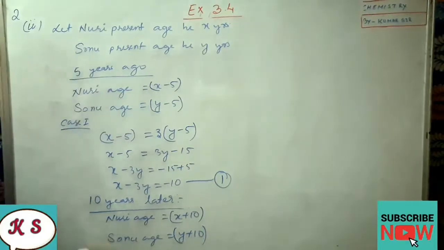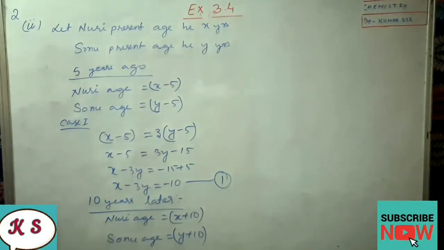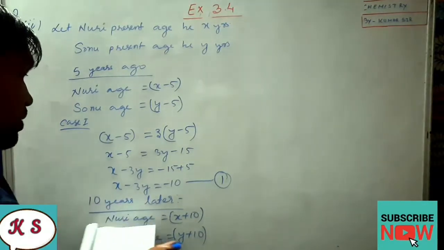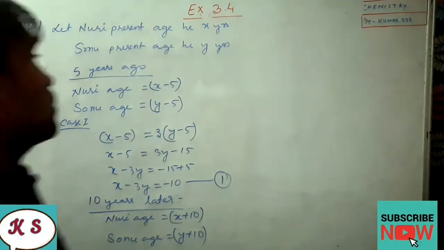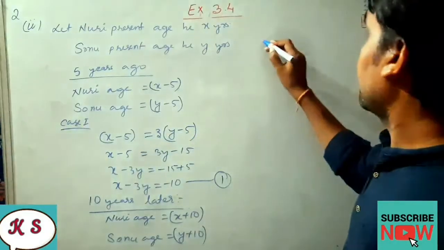So this is their age after 10 years. That means my present age is suppose 30, and after 10 years it will be 40, 30 plus 10. Similarly, after 10 years Nuri's age will be X plus 10 and Sonu's age will be Y plus 10.